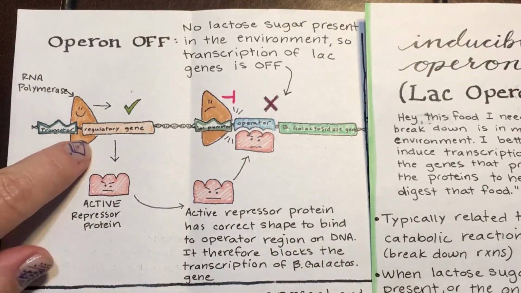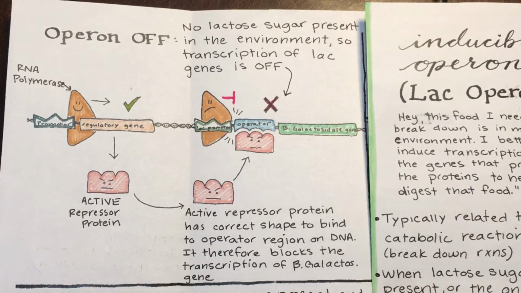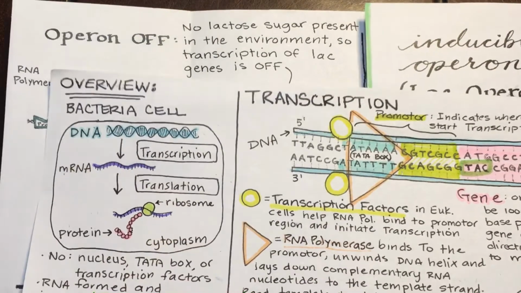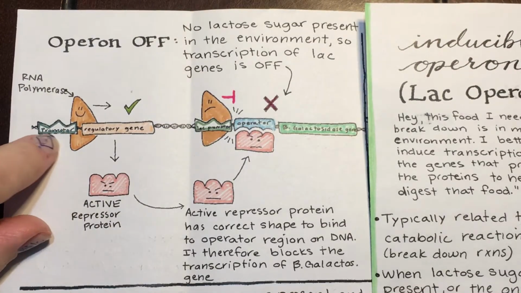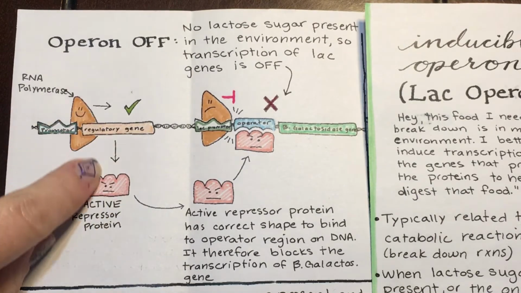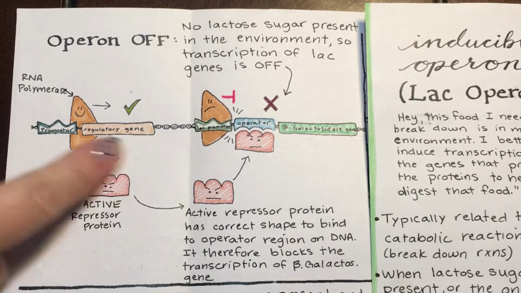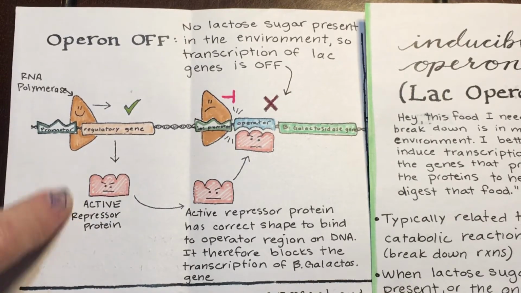So the repressor, here is also RNA polymerase, very similar to the triangle that was drawn with our transcription notes. So RNA polymerase is going to bind to the promoter and just move along and produce this repressor protein from the regulatory gene. There's nothing stopping it from doing that, and it in fact is always doing that, and this protein is always being transcribed and translated.